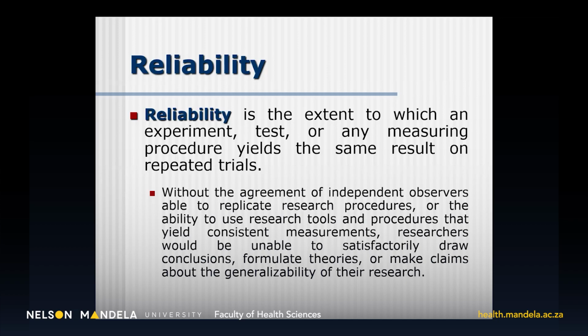So reliability is very important, because we can repeat the same experiment and get the same result. That's what reliability is. Again, I will not go deep into this, but I'll give you just an overview of what is meant by reliability.